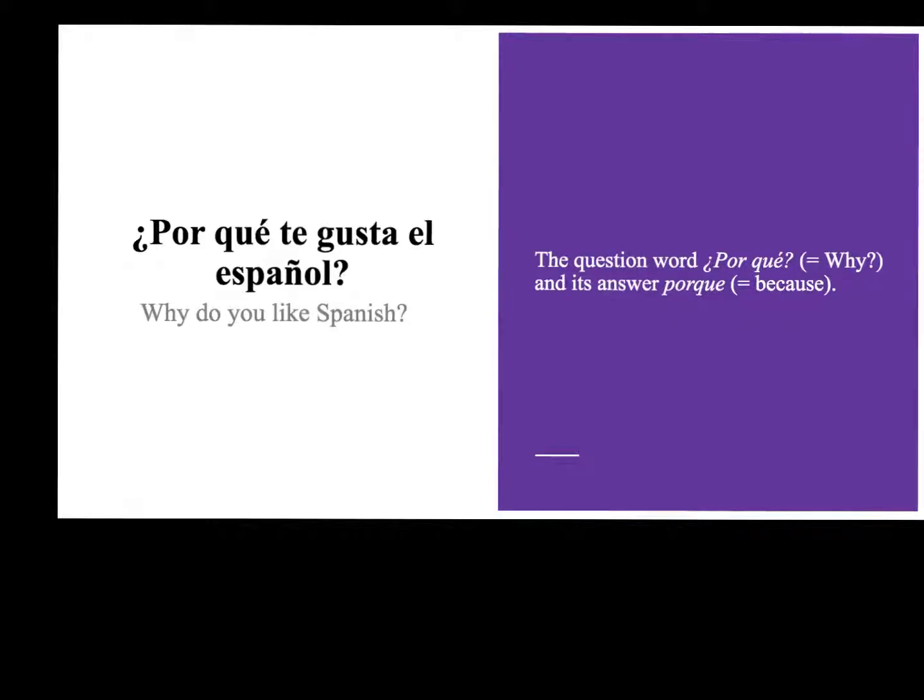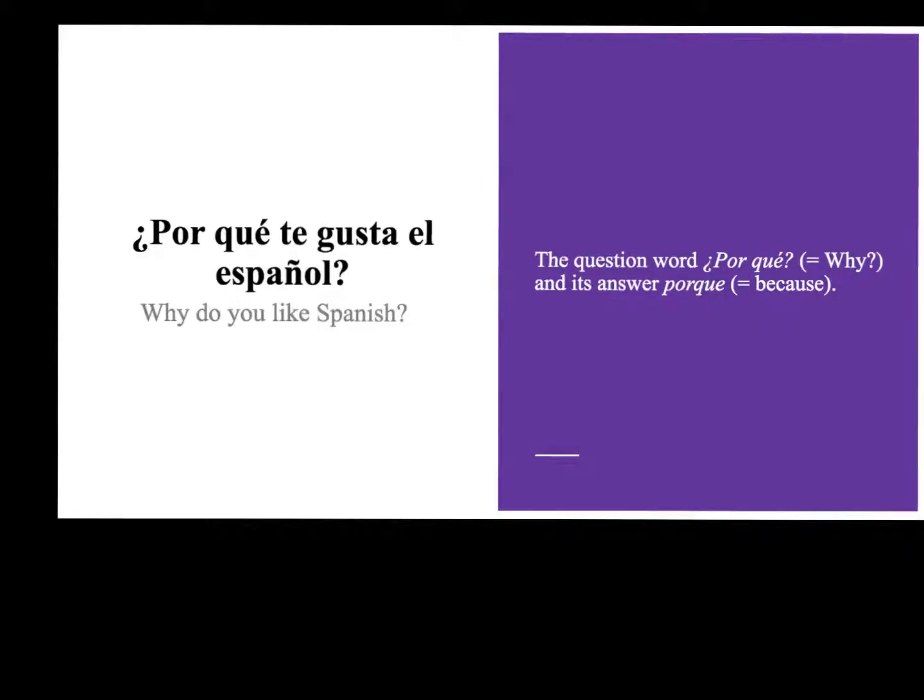As we'll see when we look at the structure in a bit more detail, the word we're going to use in the answer is also porque, because that's the Spanish word for because. As we can see though, there are a couple of differences between the two words, even if they sound the same. So the question word why, ¿por qué?, is two separate words with a space between them.